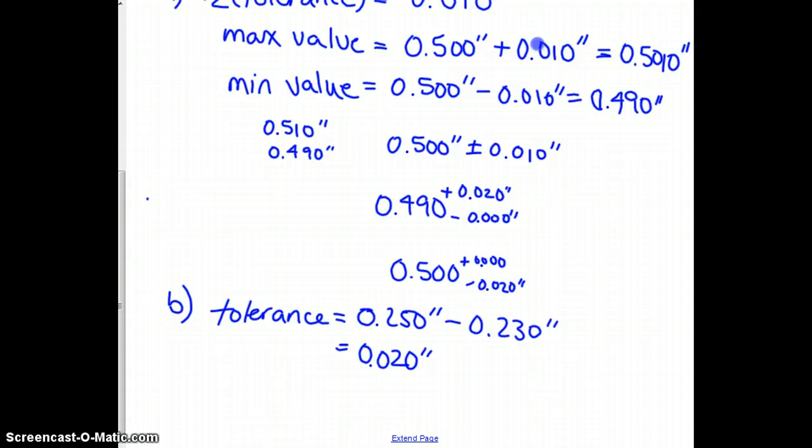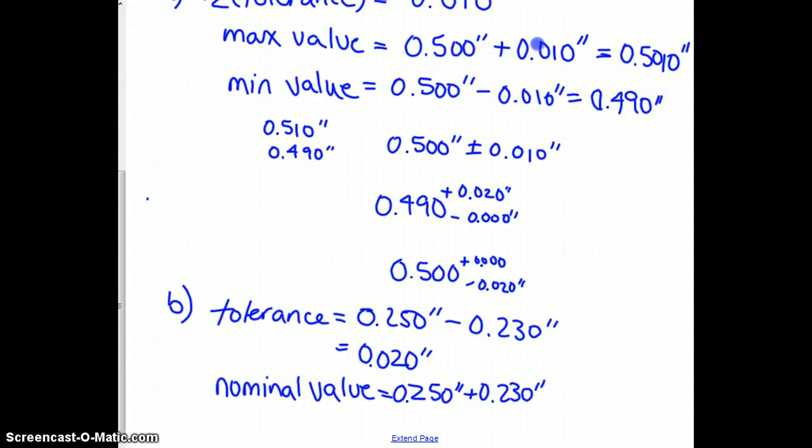We also want to figure out our nominal value. The nominal value is usually halfway between the two values given here, so we can take the average of them to figure that out. We add them up and divide by 2, which gives us 0.240 inches.